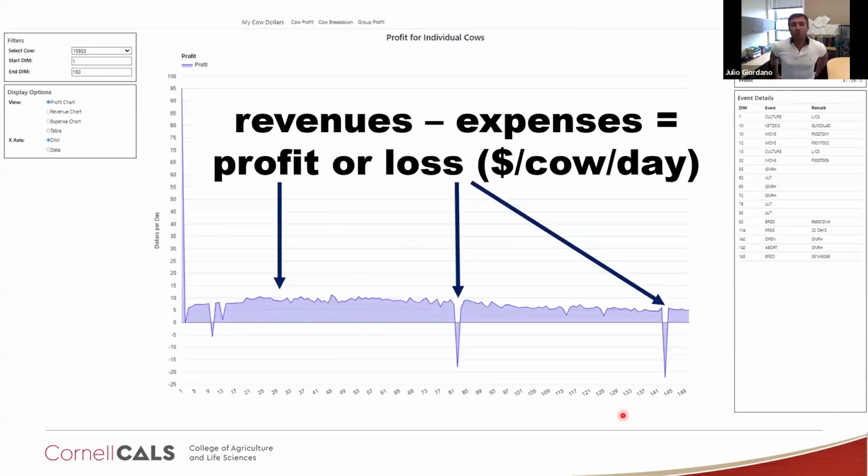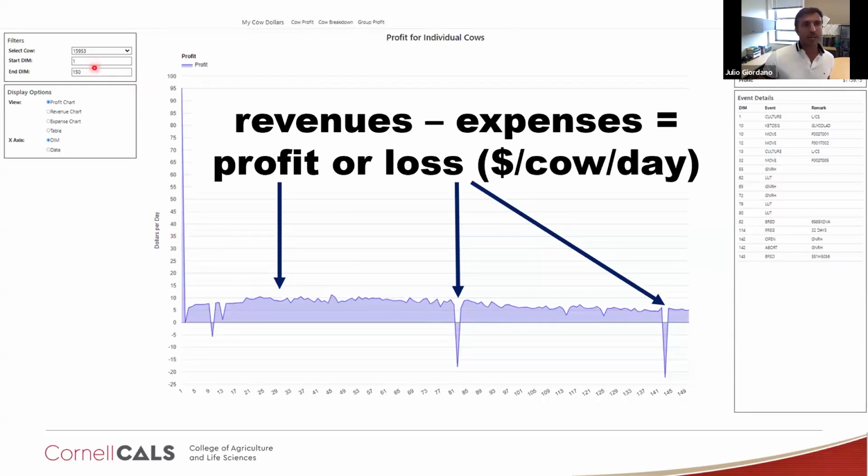So a little bit on how the tool looks. There are different areas or sections within the tool, and this is just the most general one. It reports the total profit in dollars per cow per day.